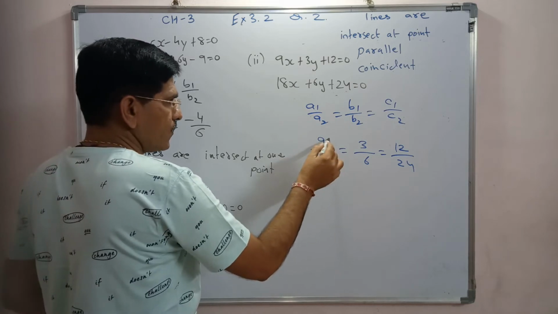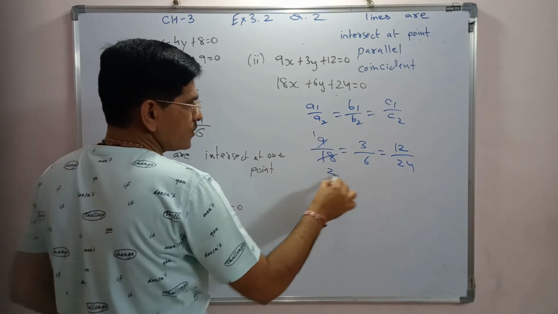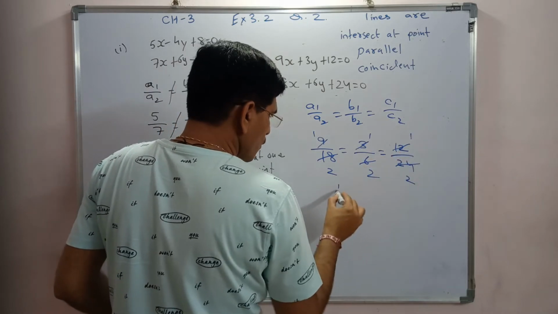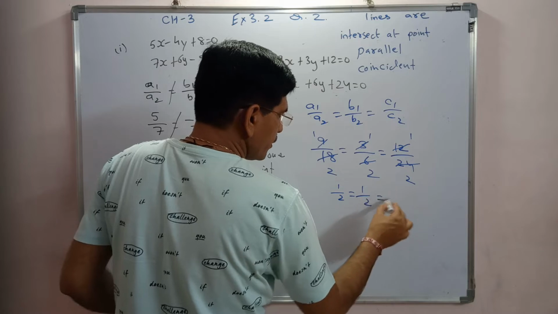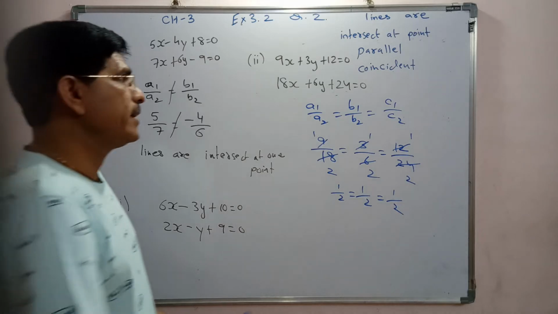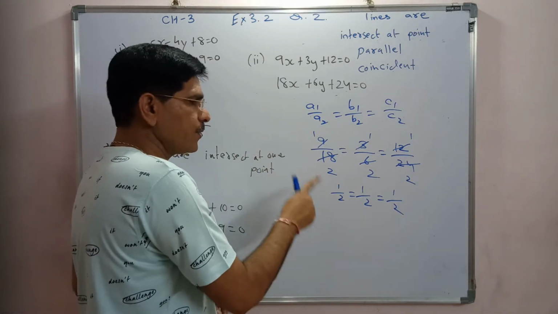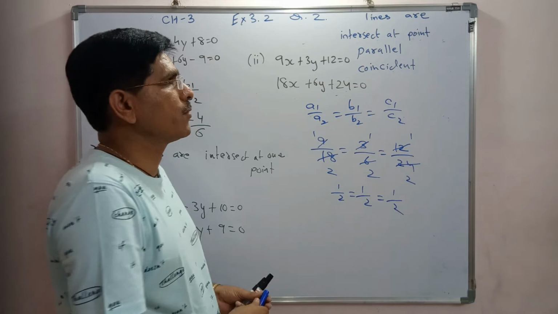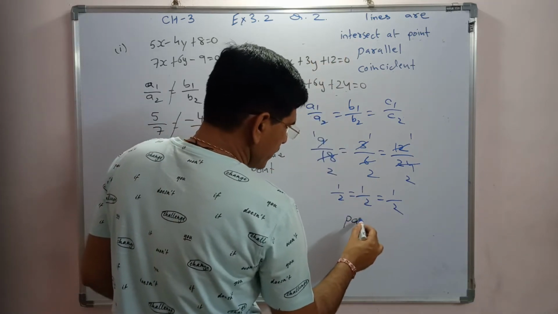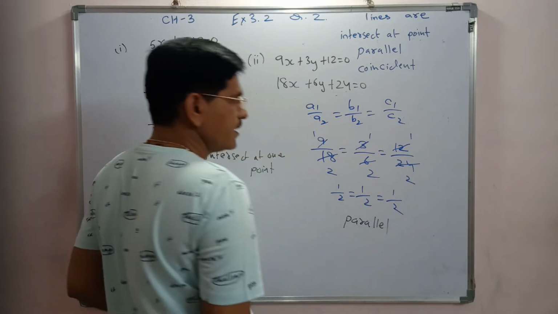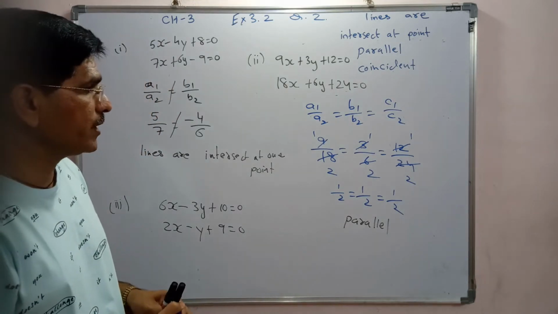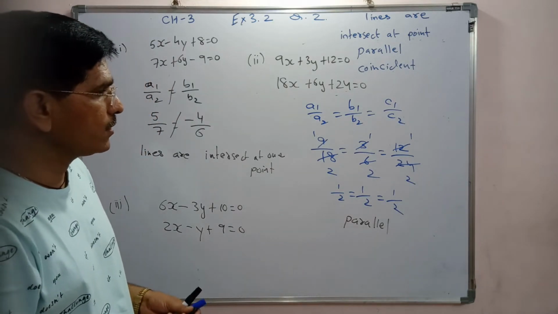If we divide, 9 upon 18 is 1 upon 2, 3 upon 6 is 1 upon 2, and 12 upon 24 is 1 upon 2. We already have the condition a1 upon a2 is equal to b1 upon b2 is equal to c1 upon c2.